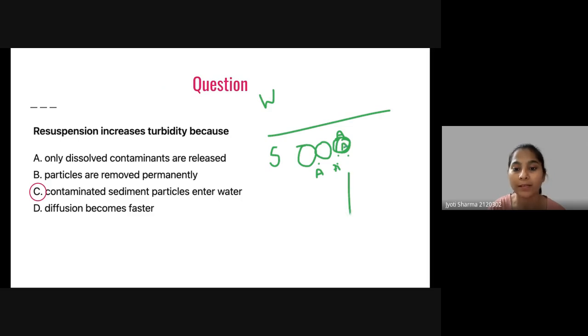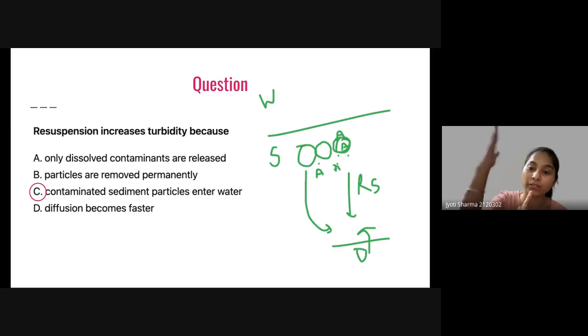So whenever there is resuspension, these particles will go to your water side, right? Not just the contaminant that is moving to the water side, but your sediment part is also going to your bulk water, and that's how this will increase the turbidity.